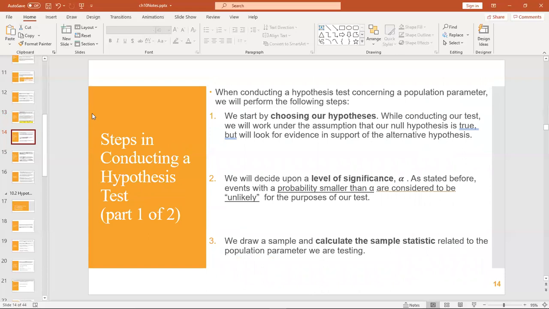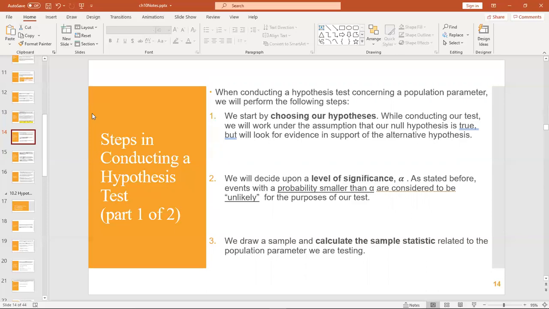So when we're doing a hypothesis test, we choose our hypothesis and conduct our test assuming the null hypothesis is true, but we look for evidence to support the alternative. We decide on a level of significance, and small alpha values are considered the cutoff for what's unlikely versus what's just ordinary fluctuation in the data.